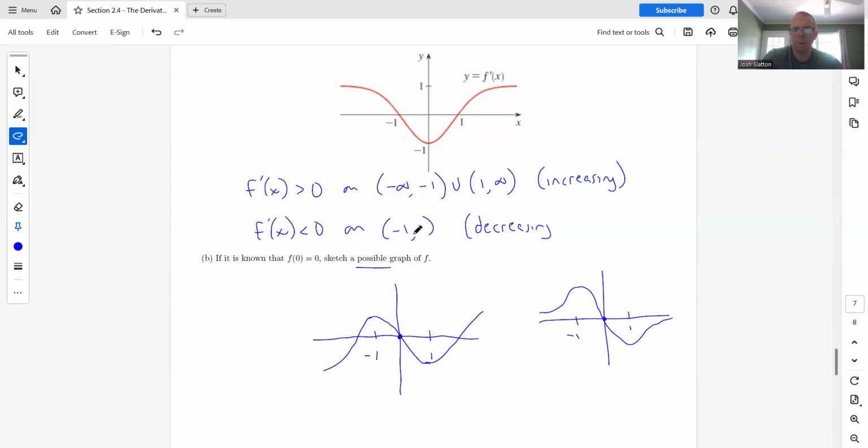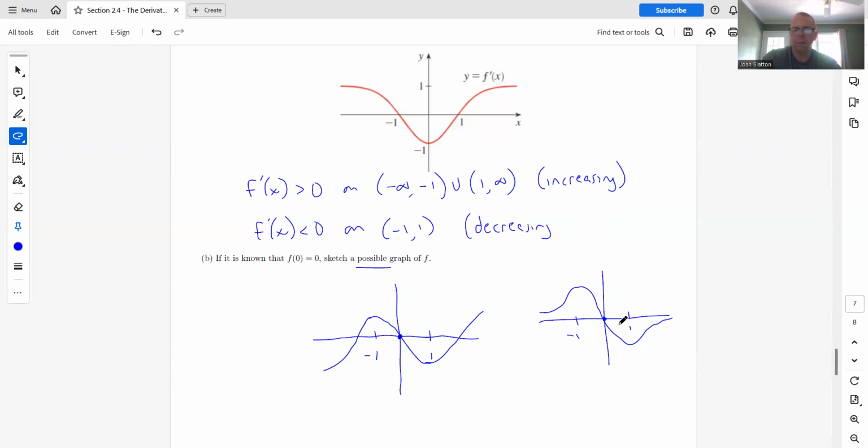There's nothing super special about this particular graph or this one. We could have multiple graphs, and it could come way up here. It could come down really fast. We don't know. But that's really all you can tell from the derivative, just the increasing and decreasing. You can't really tell particular values, and that's why they have to give you this, just to give you some anchor, I guess.